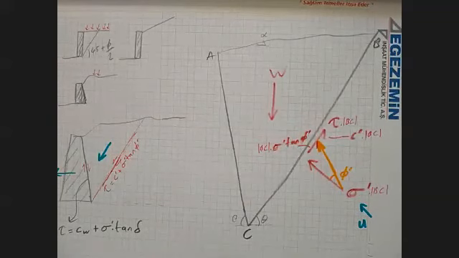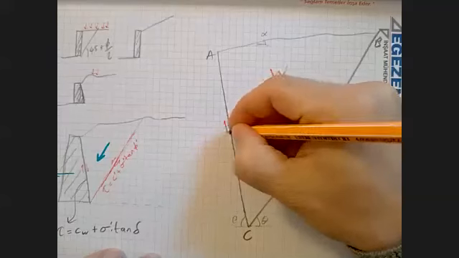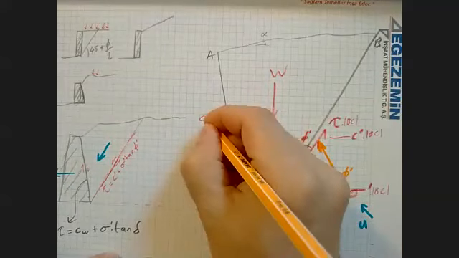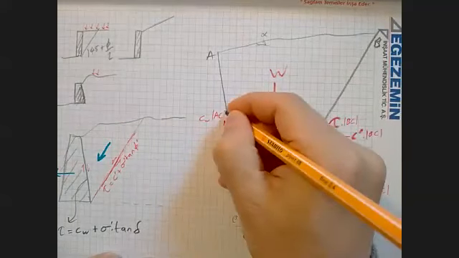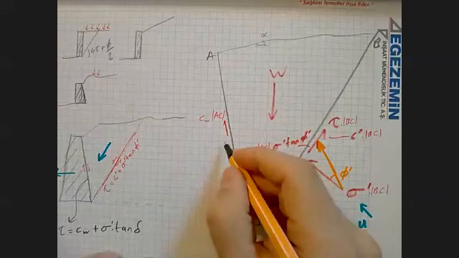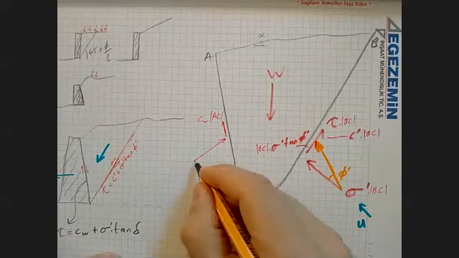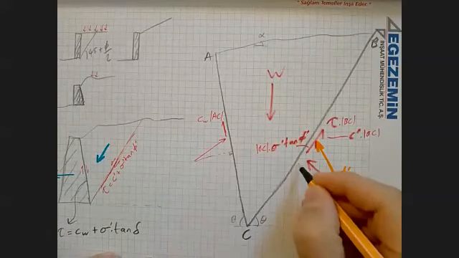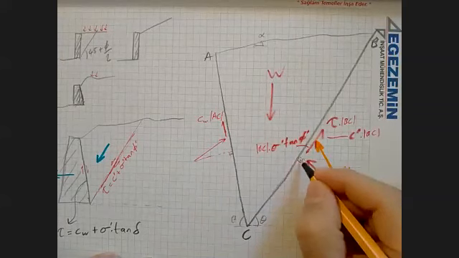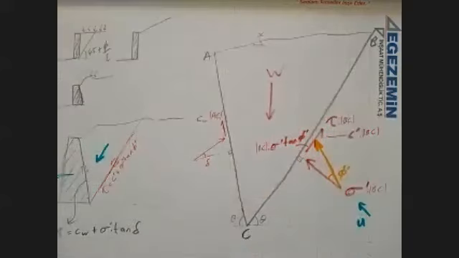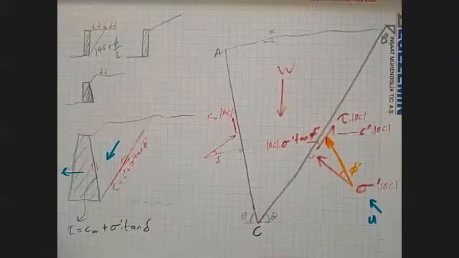But this time it is with C wall times AC, and so this was also vertical. Here is delta, and here is some other force. In any case, we end up with two unknown forces.